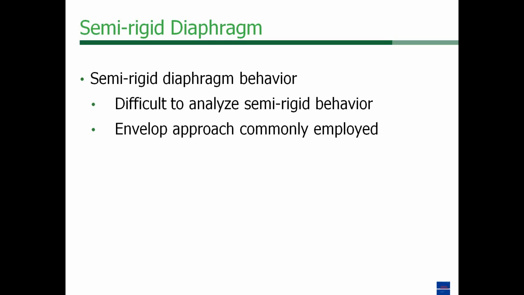And the worst case distribution to each wall is what's recognized in the design. So the envelope tries to pick up the worst case distribution, or the highest force to a given segment, under either the flexible or rigid, and those are done independently. So you do two different checks.